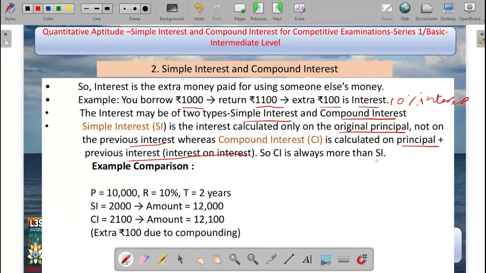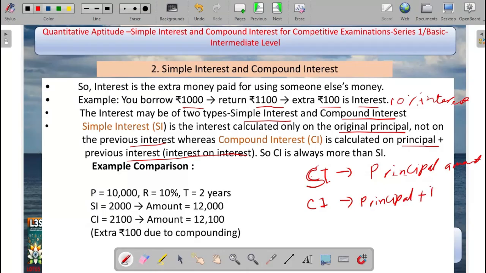Simple interest, SI, is calculated on the basis of the principal amount only. Whereas CI, compound interest, is based on the principal amount plus the previous interest.